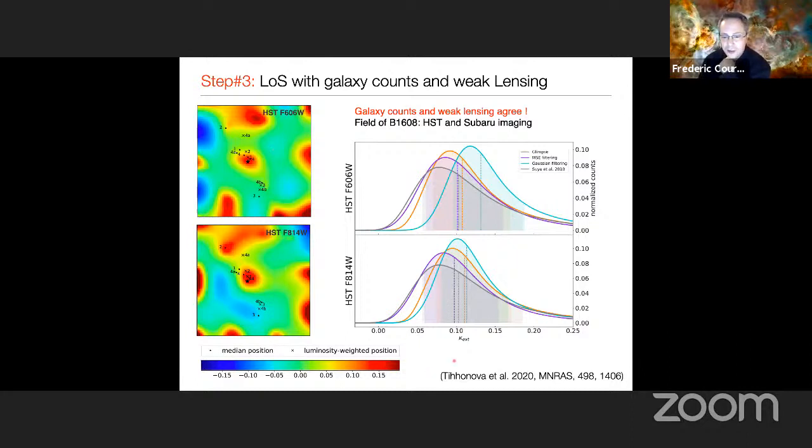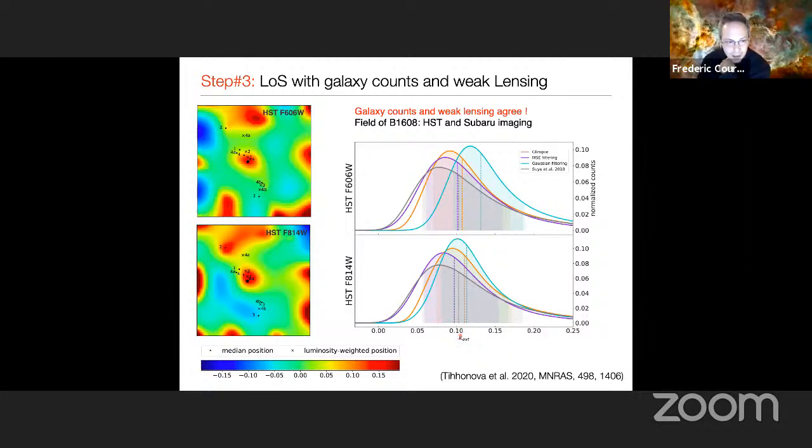We measure this in terms of kappa. If kappa is zero, your line of sight is as dense as in the Millennium simulation. 0.05 is 5% denser, 0.10 is 10% denser. And that's the correction you need to apply to H naught. So it's a fairly important one.